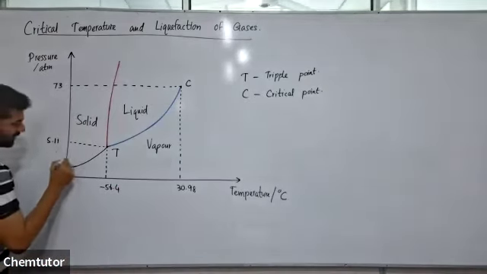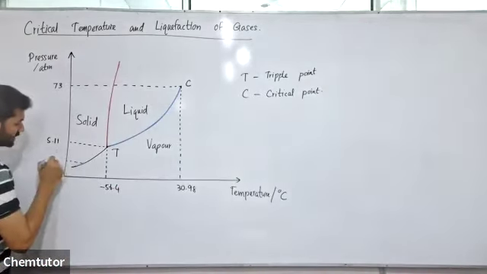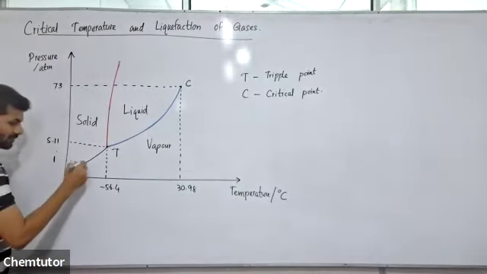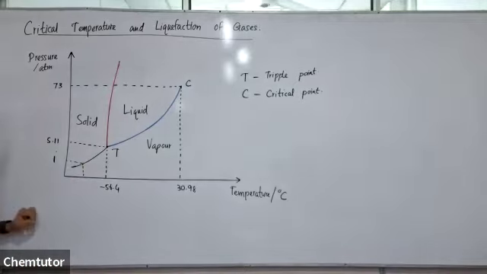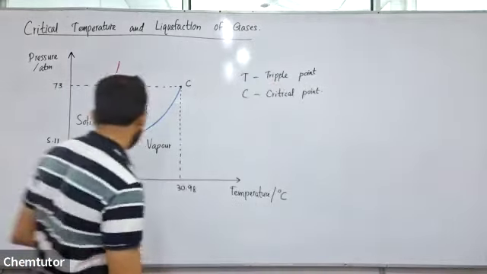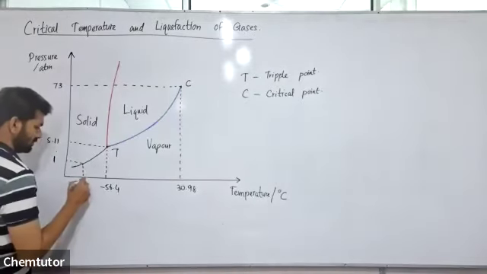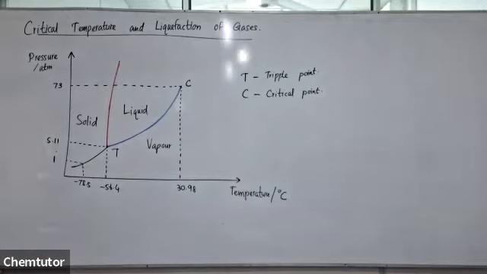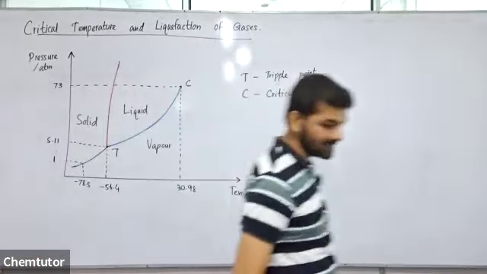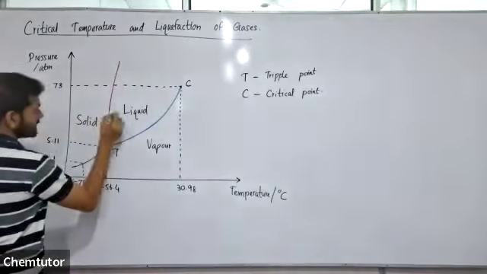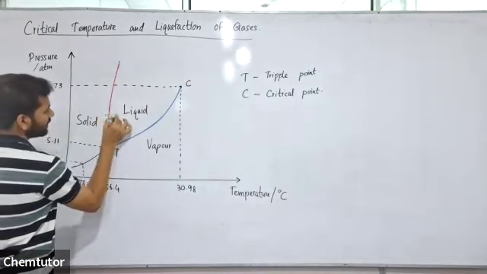Now this is the well-known pressure, that is 1 atm, atmospheric pressure. There, the temperature will be minus 78.5. Now, if we consider this carbon dioxide gas, here there is an interconversion between solid and liquid.